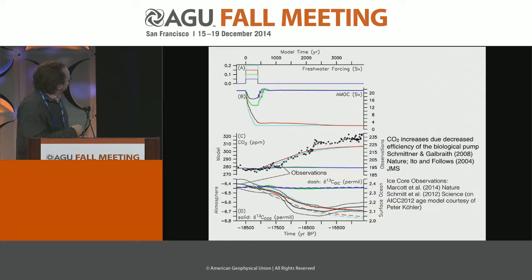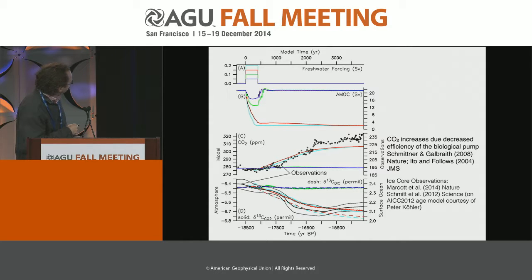All right, so here are some results. Here's the model. Time goes from left to right. I run the model for 3,000 some years, and these lines are different model simulations with different amounts of freshwater hosing, from 0.05 Sverdrup, the dark blue, to 0.2 Sverdrup, the light blue line. The more freshwater you put in the North Atlantic, and I'm only putting freshwater for 400 years, the stronger the effect on the AMOC.